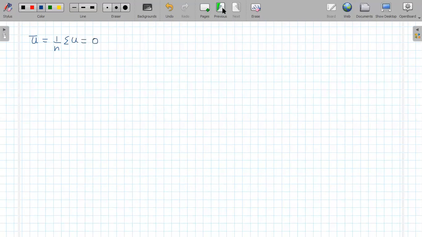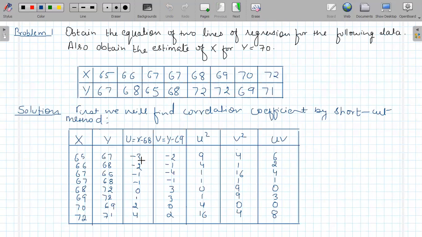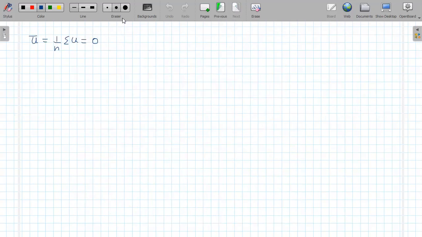If you add all the u's, the sum will become 0: 3 plus 2 is 5, then minus 3, minus 2, minus 5, minus 6, minus 7, and 4 plus 2 plus 1 is also 7. So plus 7 and minus 7 cancel each other, and we have the sum equal to 0. Similarly, v bar, the average value of v, is also 0.